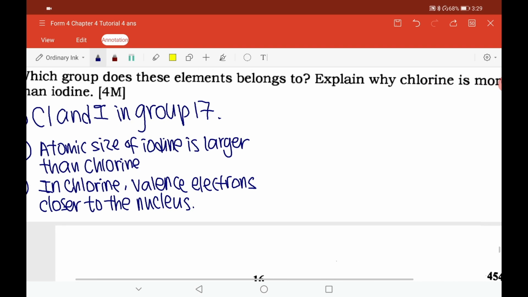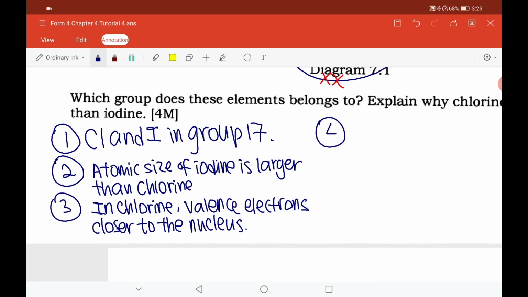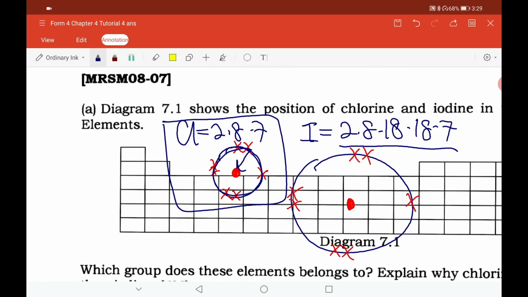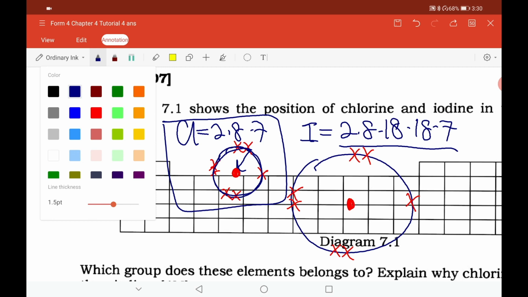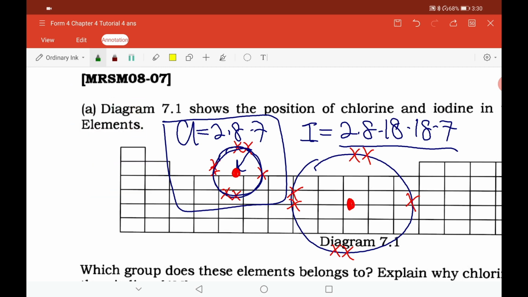So when the valence electron is close to the nucleus, what will happen? The force of attraction is stronger. Just like I mentioned before, when the moon is very close to the earth, the pulling force is very, very strong.